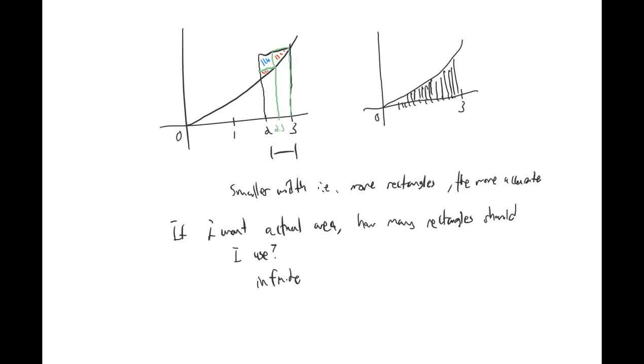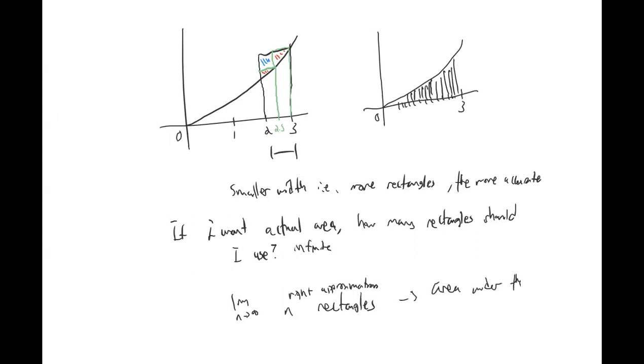Limits, good. So if I take n rectangles, to get the actual area, if this is the right approximation for n rectangles, well, to get the right approximation for infinite rectangles, let's take the limit. And then this right here, we define this as the area under the curve, as we take infinite rectangles.